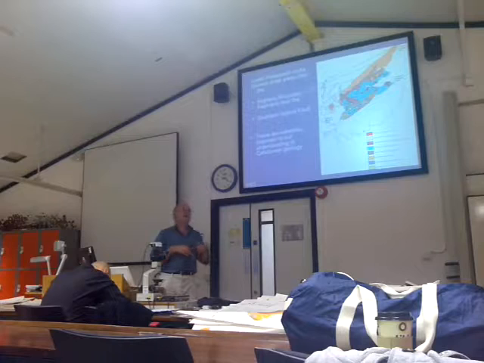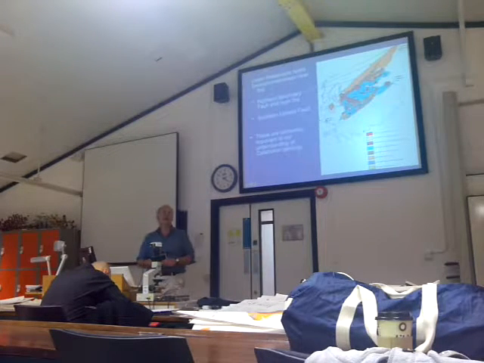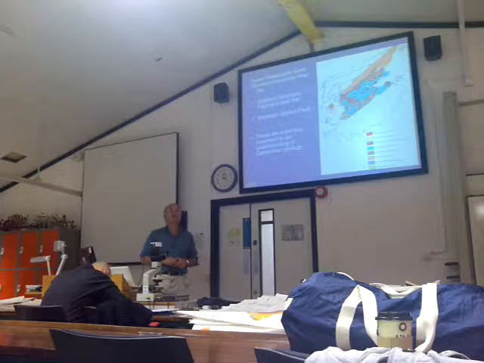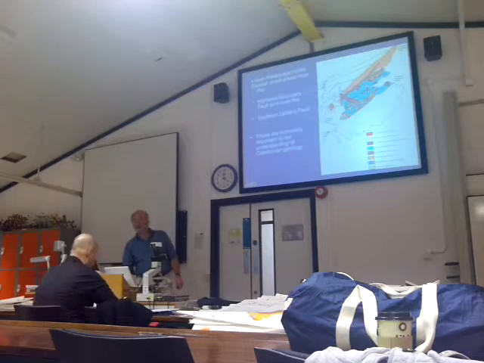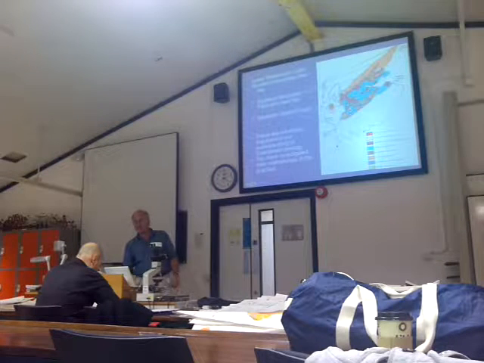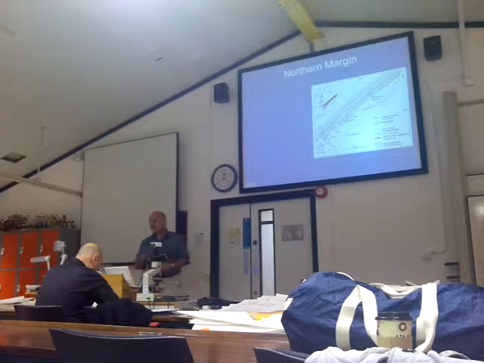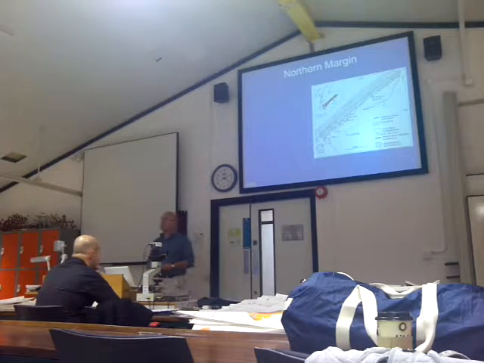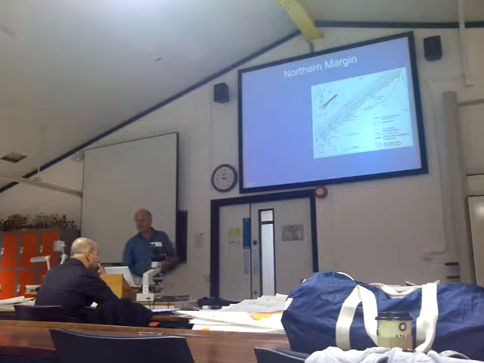So they're very important in terms of understanding the evolution of Scotland as a whole during the Caledonian orogenic events. And as you know, you've looked at their relationships in the practical. So we're going to start by looking at these lower Paleozoic rocks along the northern margin.